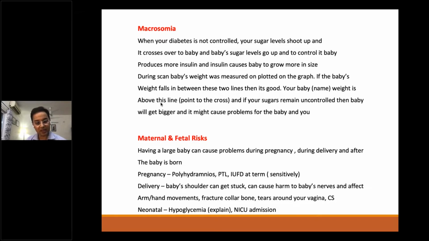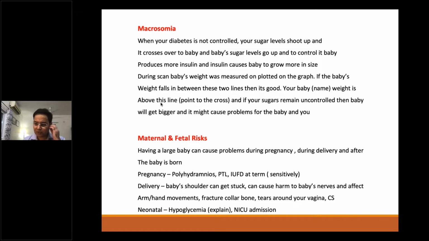So then tell her that having a large baby can cause problems during pregnancy, during delivery, and after the baby is born. So what can happen, as you said, a lot of fluid can accumulate around the baby, you can have a premature delivery, and then you said the baby will die in the womb. So it's okay, but I think that's a very sensitive issue.